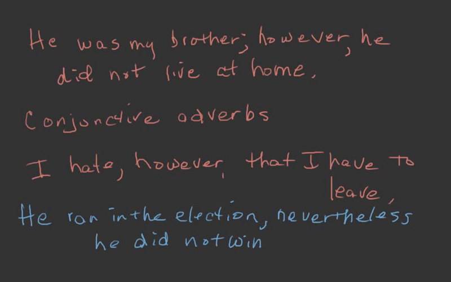Okay, but look, we have another conjunctive adverb. I could say he ran in the election, he did not win. Each side of the conjunctive adverb, I have an independent clause. So what I actually want here is a semicolon at the end of the first independent clause and a comma after the conjunctive adverb. And those are the two most common uses of the semicolon. There are a couple of others, but these are the ones that you will run into most frequently.